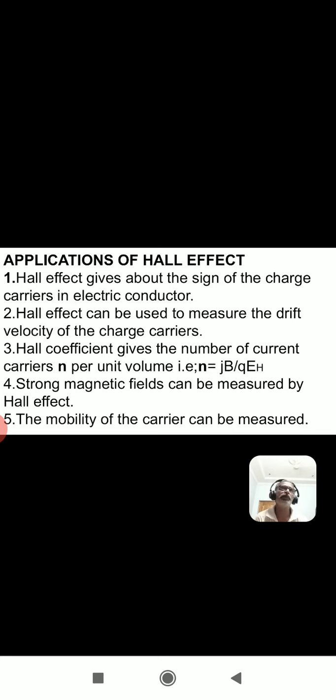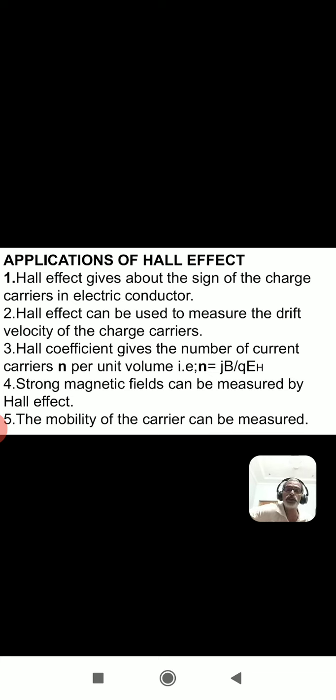How is the Hall effect useful, or what are the applications of the Hall effect? The first is that the Hall effect gives the sign of the charge carriers in conductors. It is also useful to measure the drift velocity of the charge carriers.